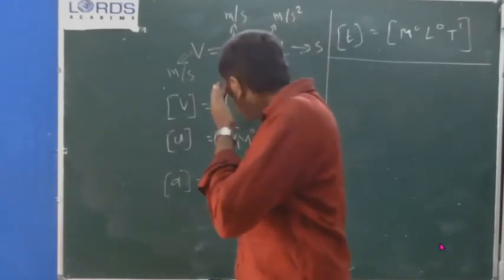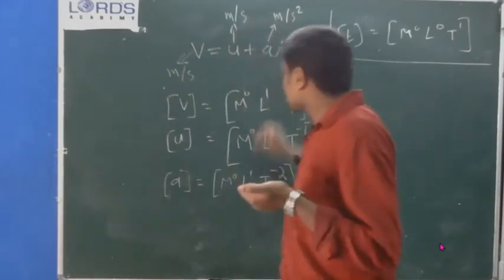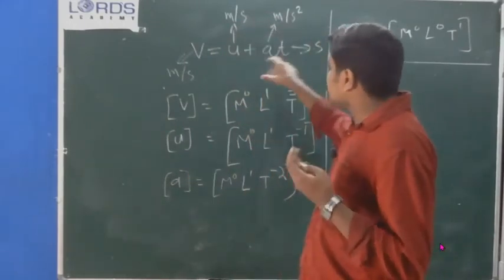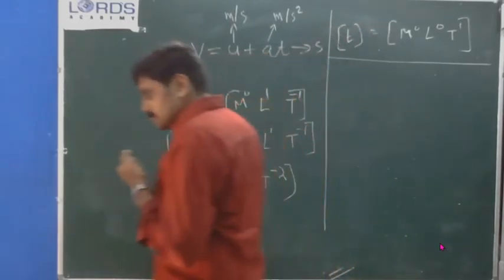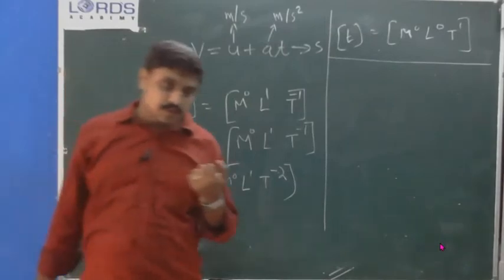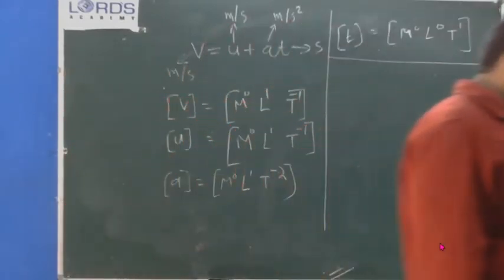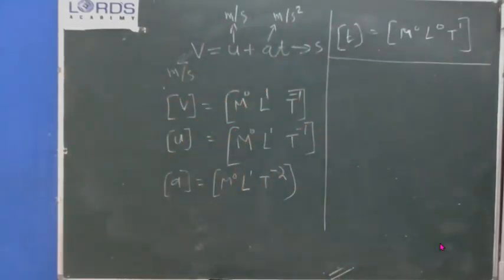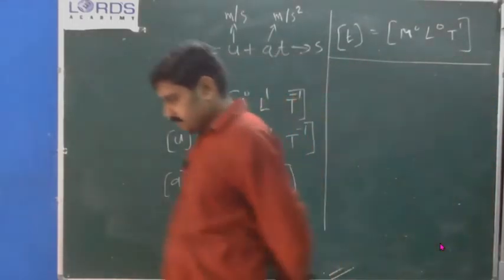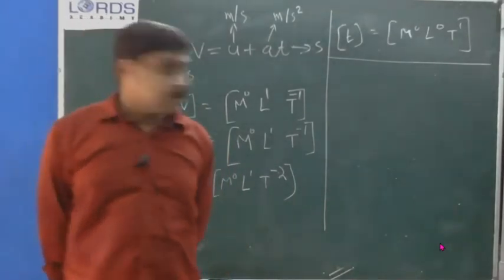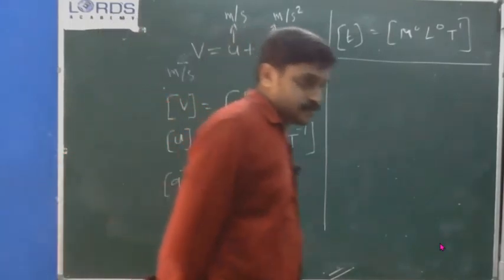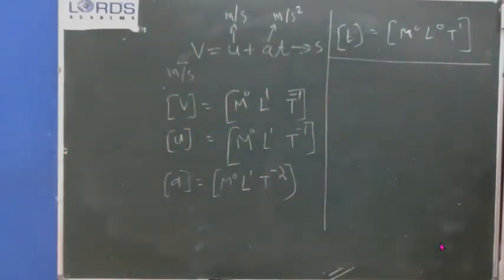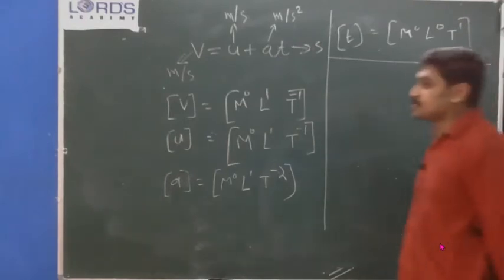Instead of V, put the dimension formula of V. Instead of U, put the dimension formula of U. Like that, instead of each term, put their own dimension formula. Instead of A, put the dimension formula of A. Instead of T, put the dimension formula of T. Like that, each term replaced by its own dimension formula in the basic equation.